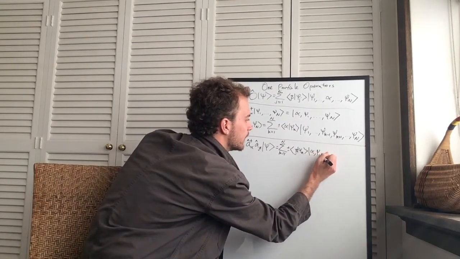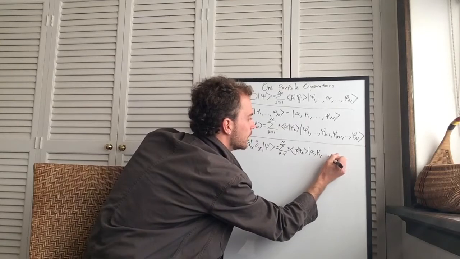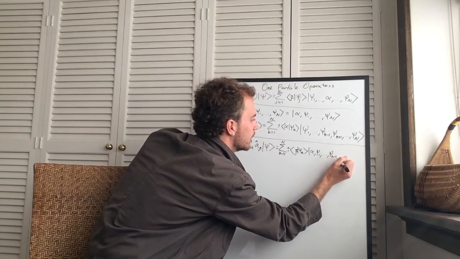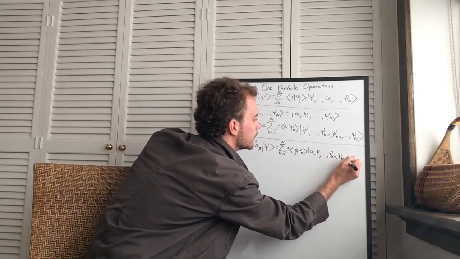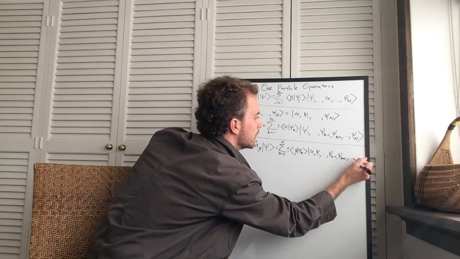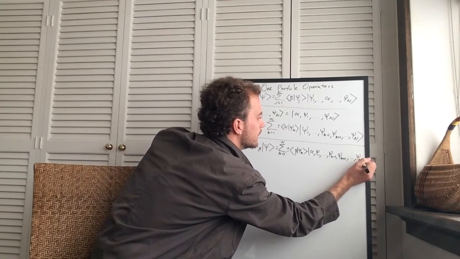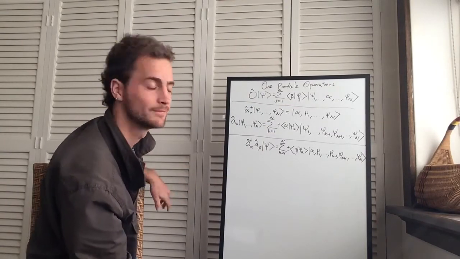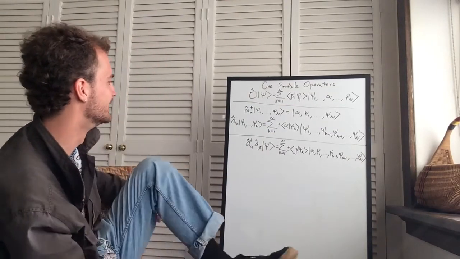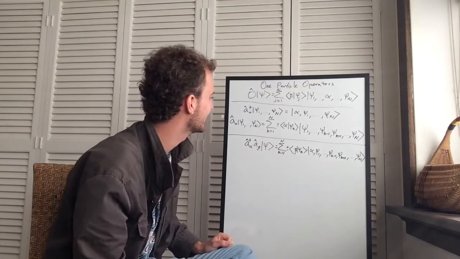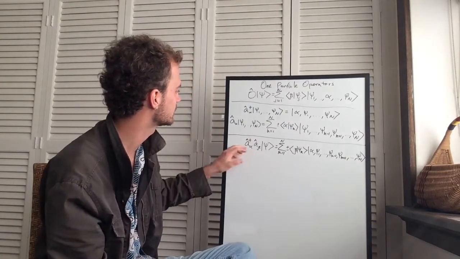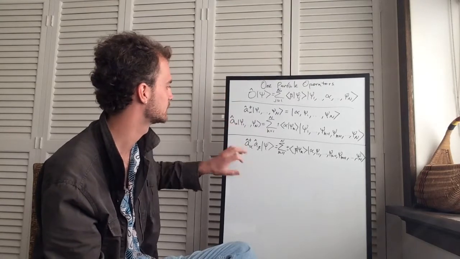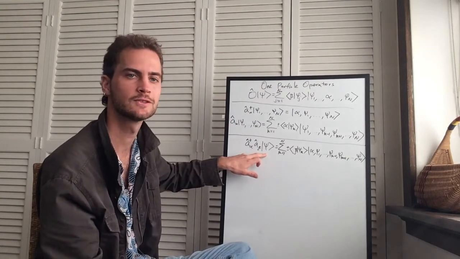So phi 1. And then we've got our phi k minus 1, phi k plus 1, and so on, all the way down to phi n. Is it phi or psi? Should know, not sure.